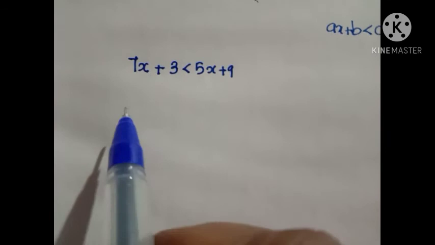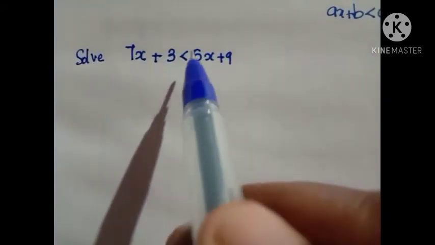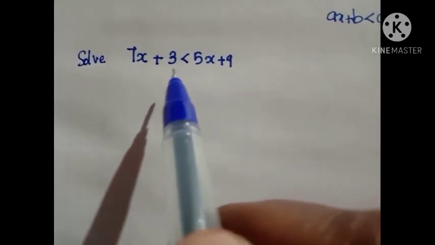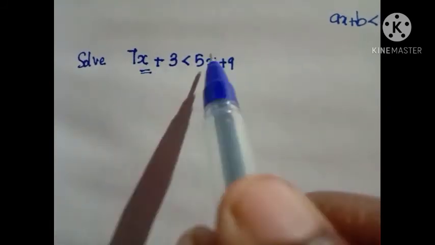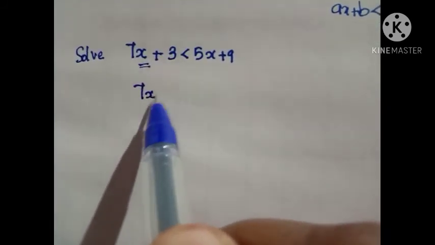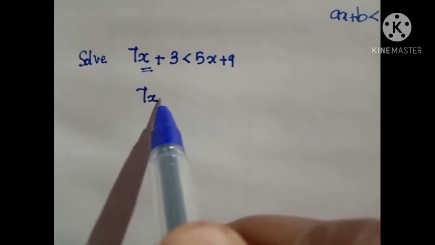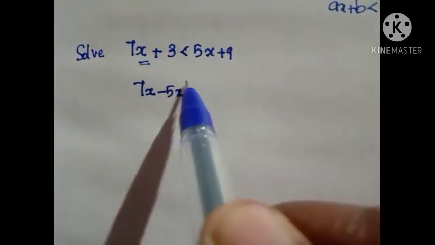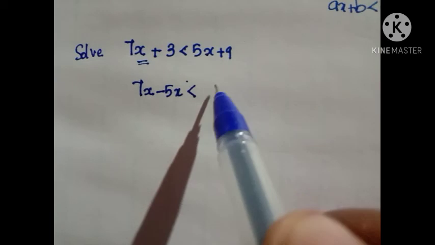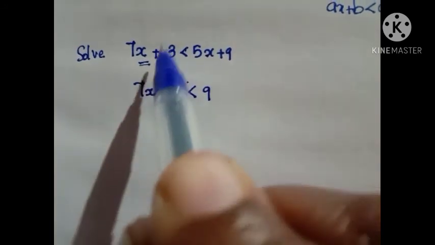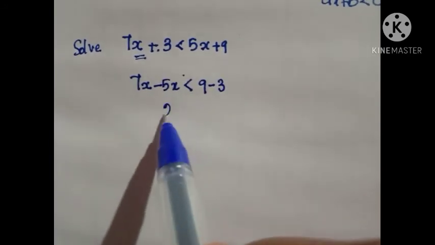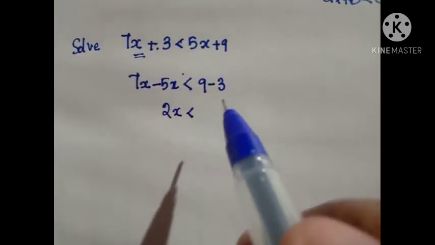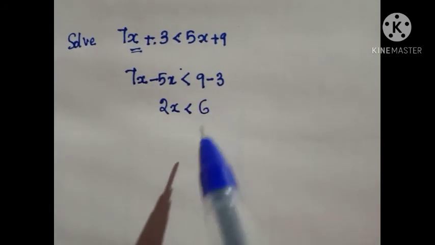See this example. Our question is, solve 7x plus 3 is less than 5x plus 9. Solve means find the value of x. So collect all x terms together. So 7x, this plus 5x becomes minus 5x, less than 9, and take this plus 3 to the other side, minus 3. 7x minus 5x is 2x. 2x is less than 9 minus 3, which is 6.